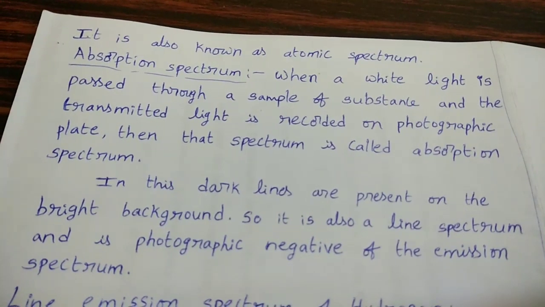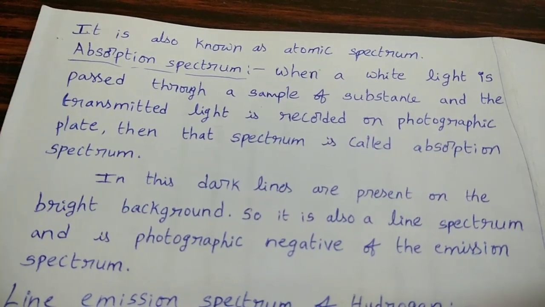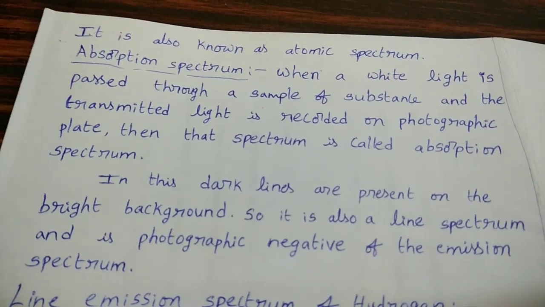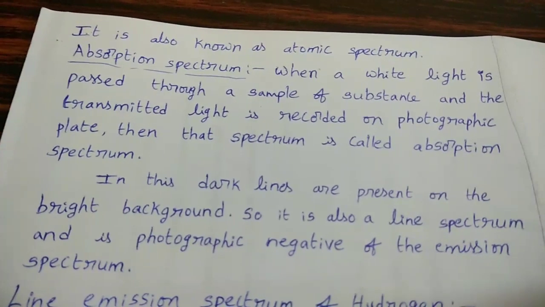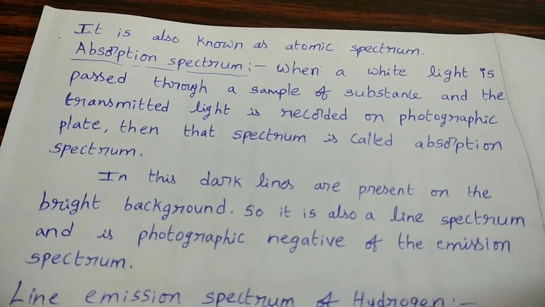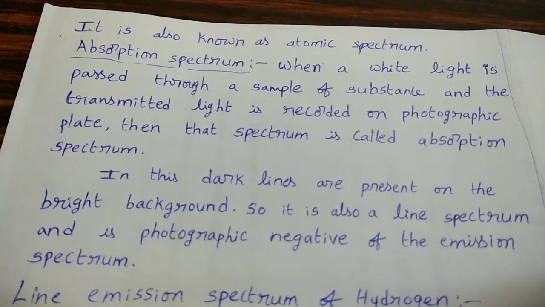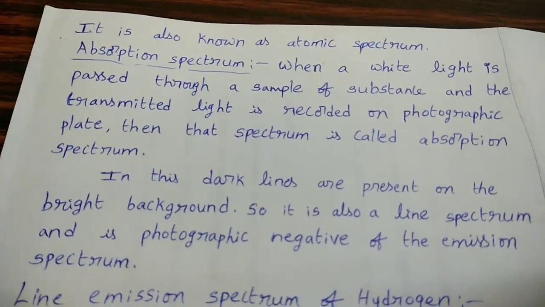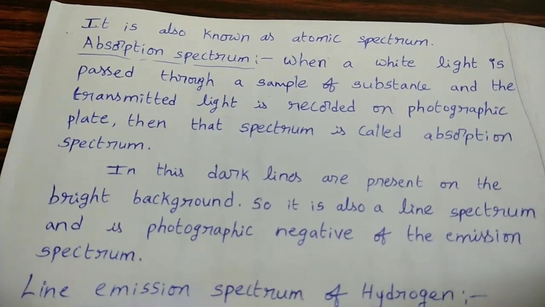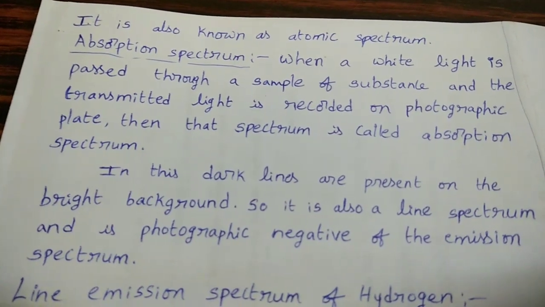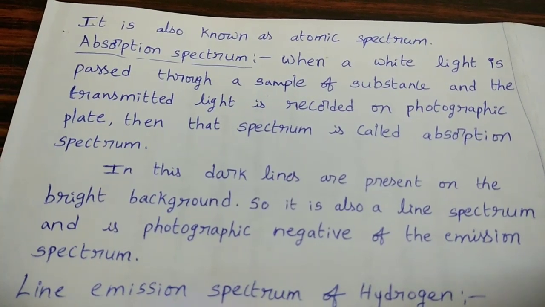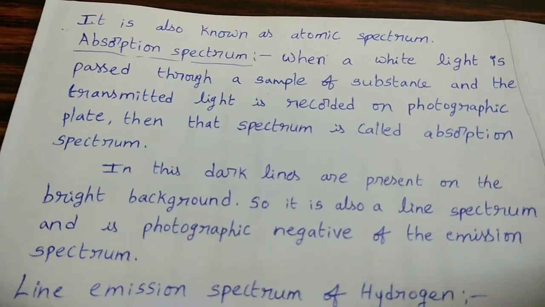That means by absorbing those 3 wavelengths, atoms of the substance go to the excited state. That is, electrons absorb that energy, go to the excited state and then come back to the ground state by emitting radiation. For those 3 wavelengths, if we take the spectrum, that is the emission spectrum. So this absorption spectrum we can consider as a photographic negative.